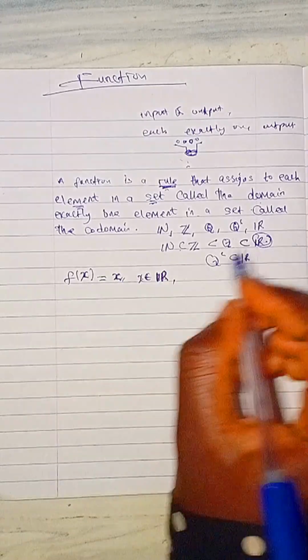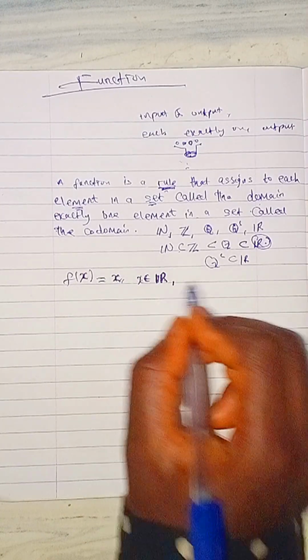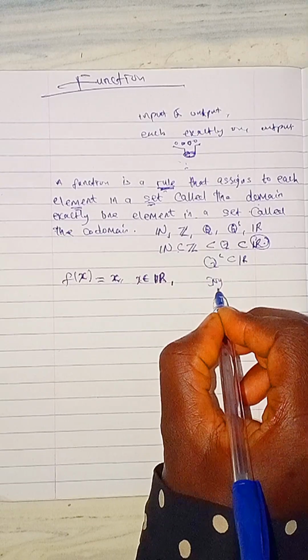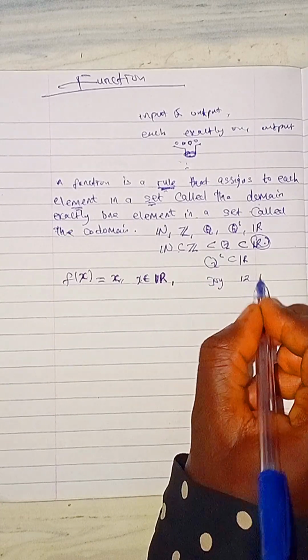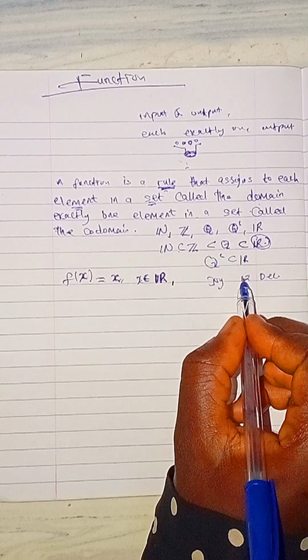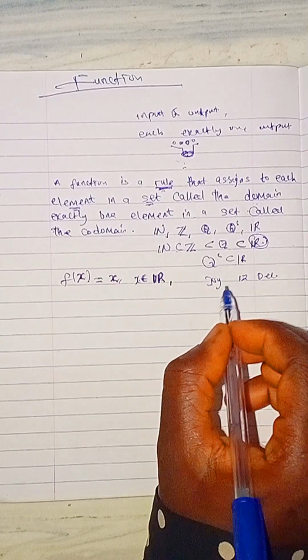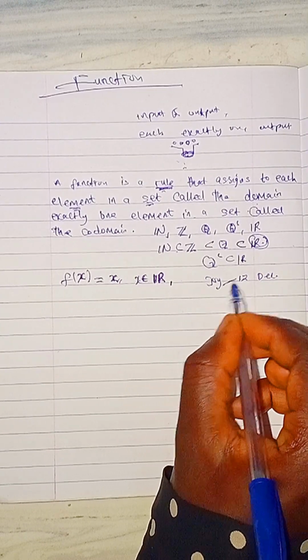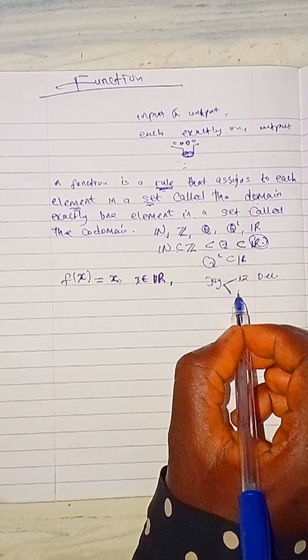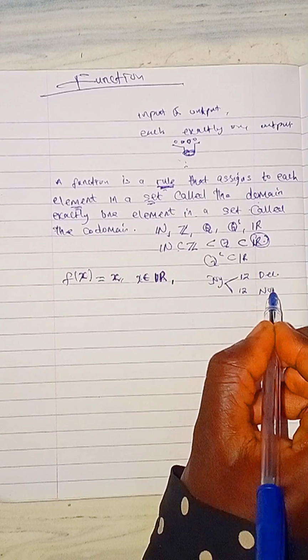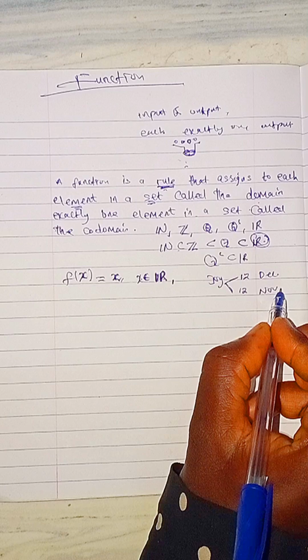number again. Another typical example in real life: assuming Joy was born on 12th December, every 12th December, Joy will celebrate her birthday. There's no way Joy will celebrate her birthday on 12th December and also on 12th November. That is what a function is saying.